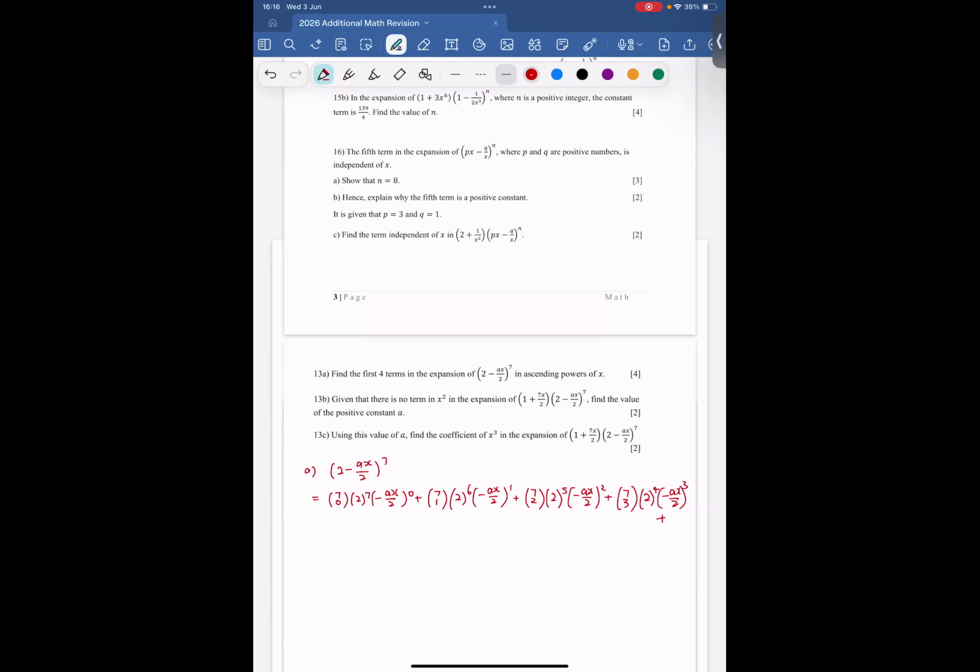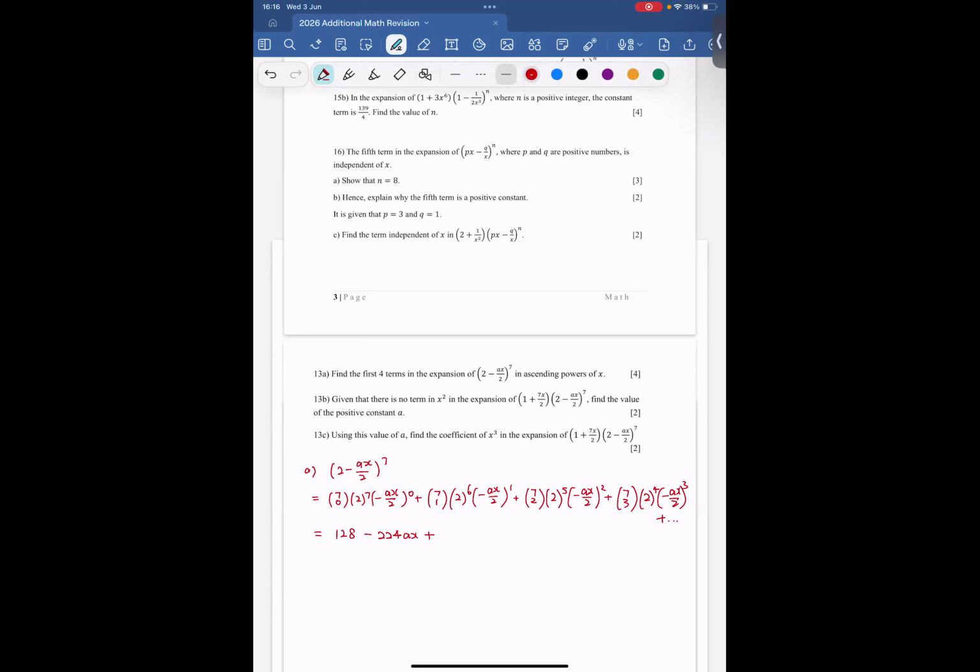Write down plus dot dot dot to show that there are more terms, just that we did not expand. After that we have to simplify. So this is just 128. 7 times 32, 224. This will be minus 224ax.